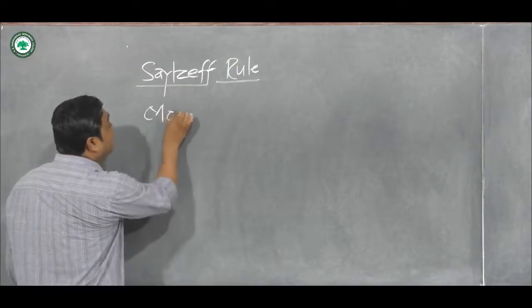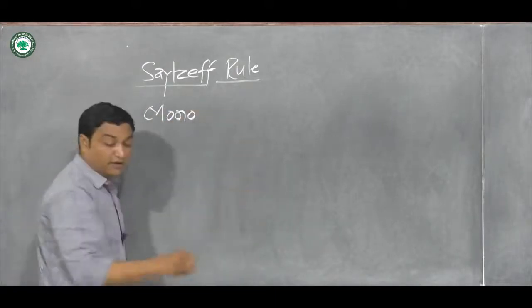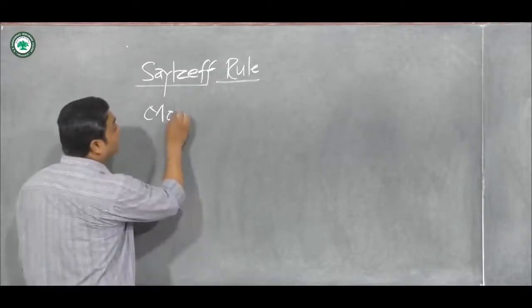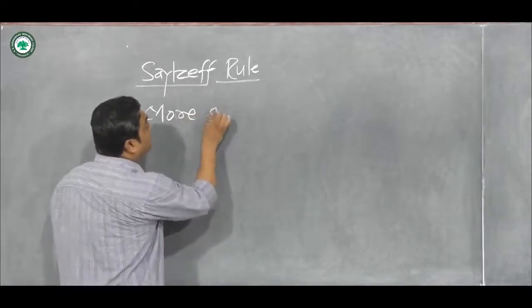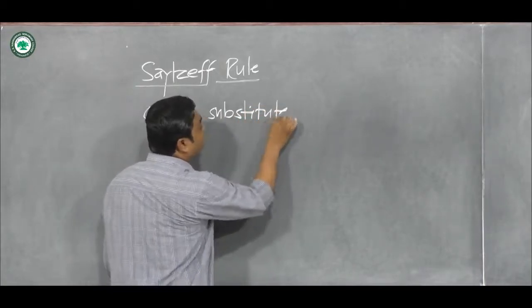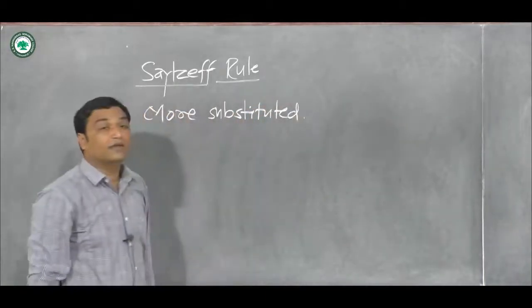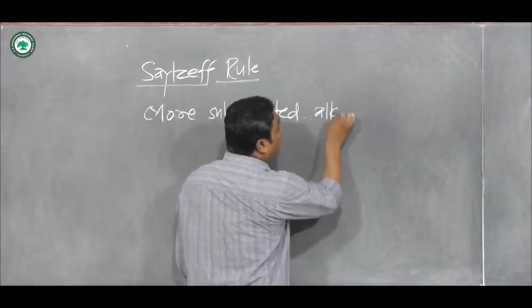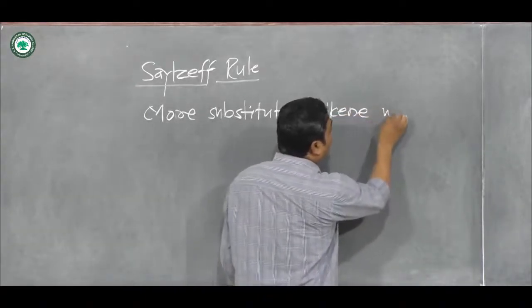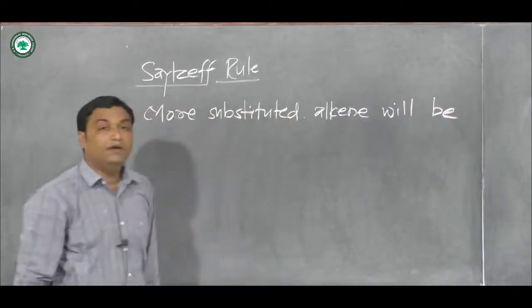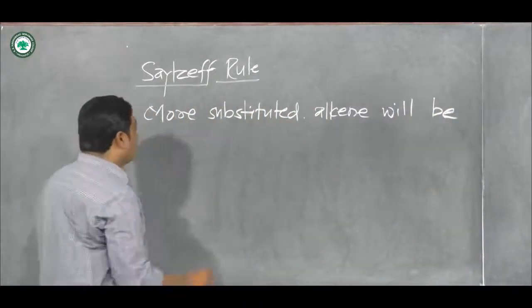Now, the Saytzeff rule states that in an elimination reaction, the more substituted alkene will be formed as a major product.